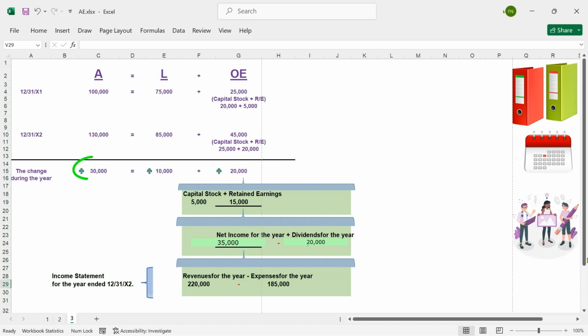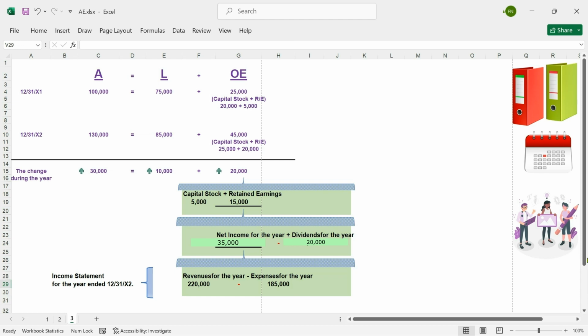In this particular case, we had a net increase in our total assets of $30,000, of which $10,000 of that increase is attributable to additional borrowings, and $20,000 is attributable to resources provided by owners. We're really explaining how the growth of the company was financed. Some of it, $10,000 by debt, and $20,000 from owners.